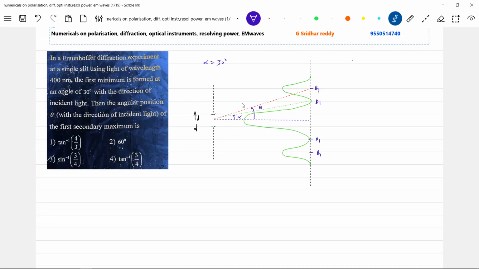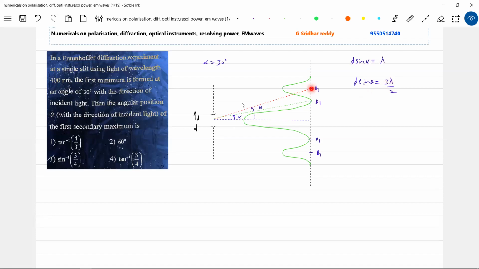D sine alpha should be equal to lambda. Okay, and for this particular formula, d sine theta should be equal to 3 lambda by 2.